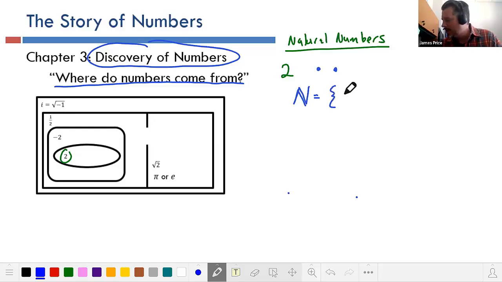So we write a curly bracket, and we start with 1 and put a comma, and then a 2 and a comma and a 3 and a comma. And once we have established the pattern, you know the next one is 4, right? Then we can just write dot, dot, dot, which means continue in this fashion forevermore. And then we end with another curly bracket. And so that's the set of 1, 2, 3, and then 4, 5, dot, dot, dot, etc.